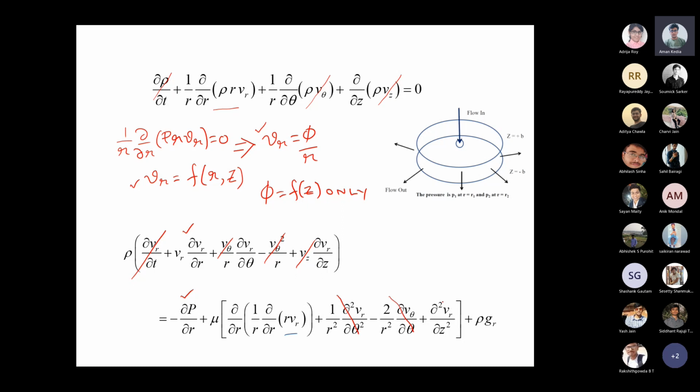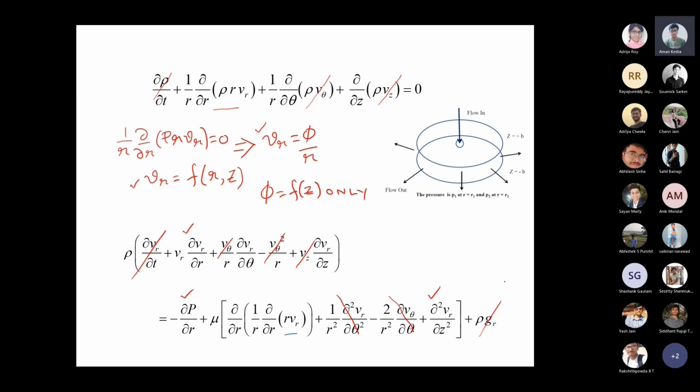How about the last term on the right hand side, del square VR by del z square? It should be there because VR depends on z. VR obviously is going to be 0 at plus b and at minus b due to the no slip condition. And the orientation ensures that I do not have any body force acting in the system.